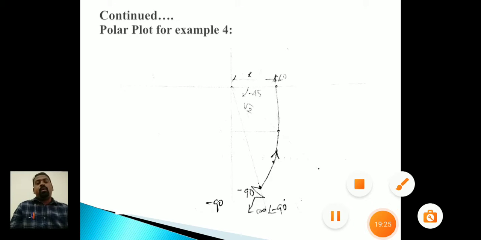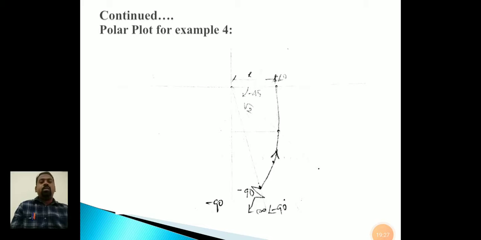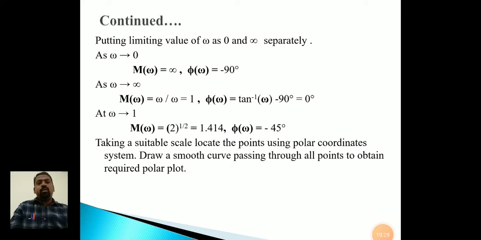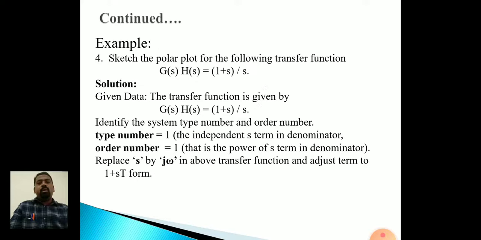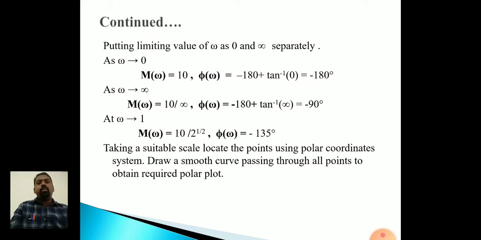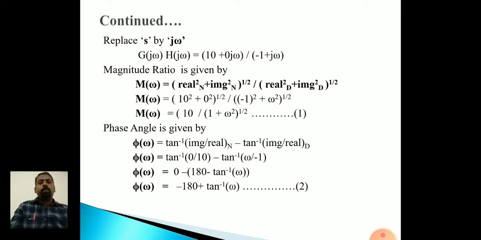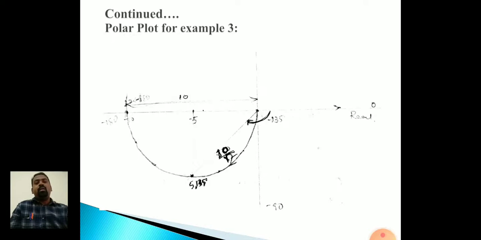So what we can understand from the polar plot, that is frequency domain analysis, is that the limiting values of omega play a very important role. Basically we substitute the values omega equal to 0 and infinity; those are the two endpoints. In between, substitute one more point, because three points give a smooth curve. It is much easier to draw the curve with three points instead of two.